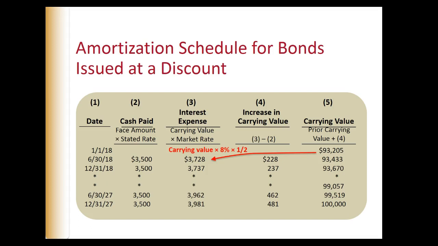Note that the amounts for the June 30th, 2018 and the December 31st, 2018 semi-annual interest payments shown in the previous slide can be taken directly from this amortization schedule, as you see right here.